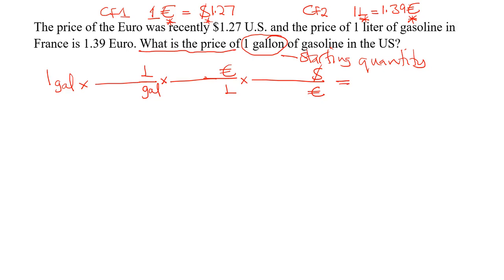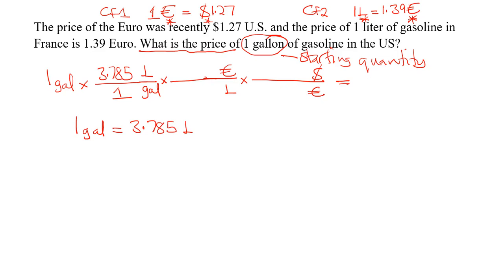Then I just put numbers. So the conversion from gallon to liters, 1 gallon is equal to 3.785 liter. So for this one, we have a 1 here, 3.785 up here.